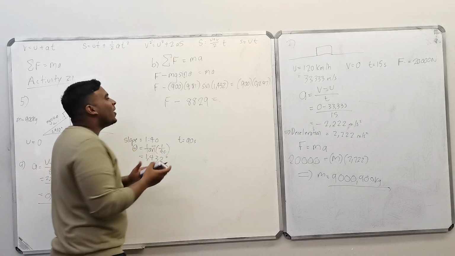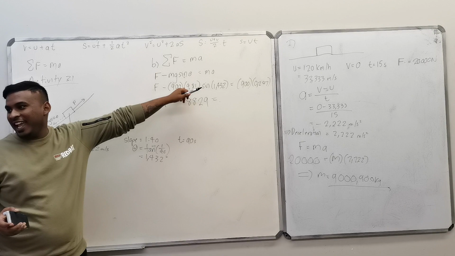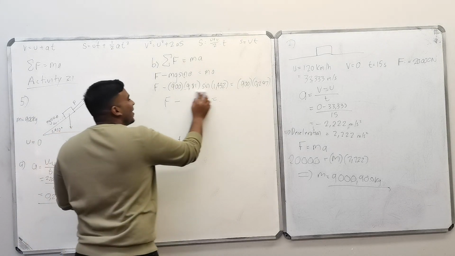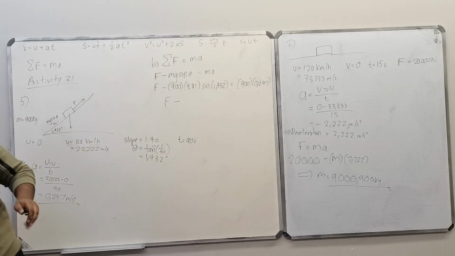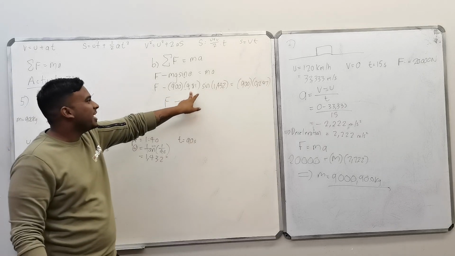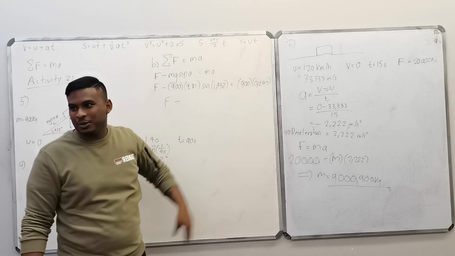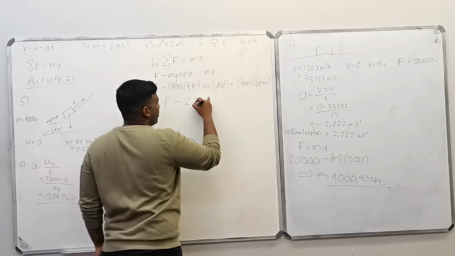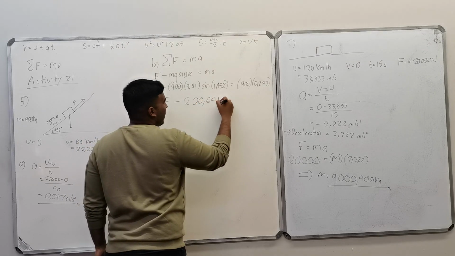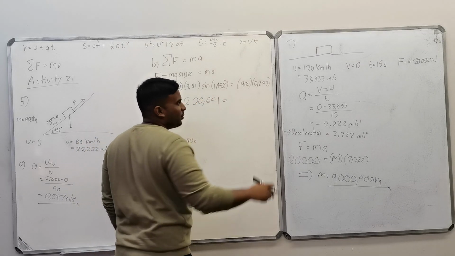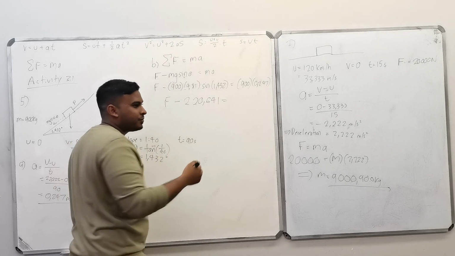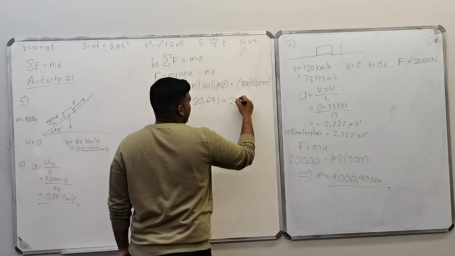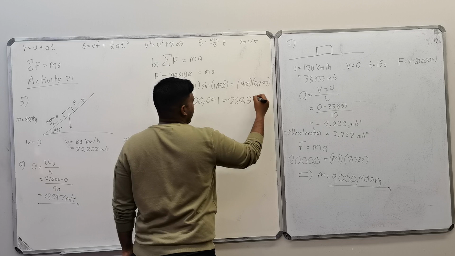What about this side? 900 times 9.81 times sine 1.43 is 220.641. 220.641 is equal to 900 times 0.247, which is 222.3.